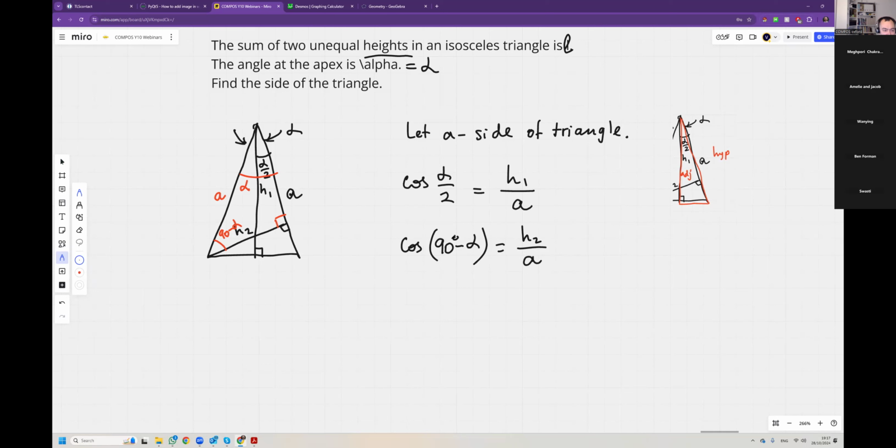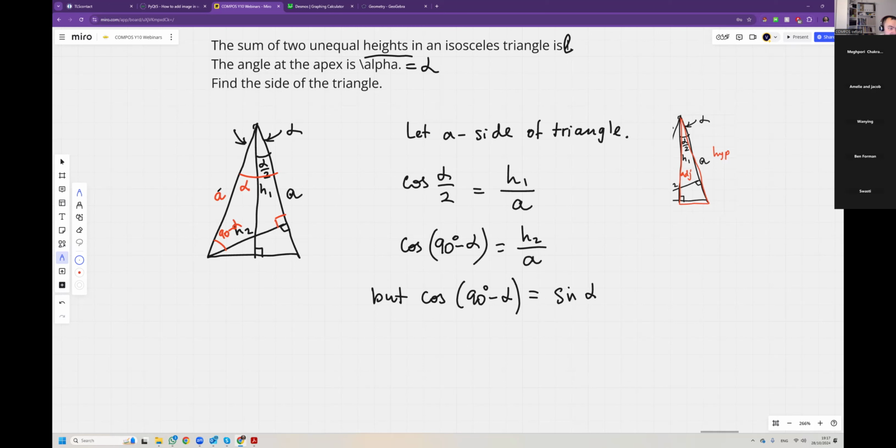But interestingly, you will study this in the assignment, but cos 90 minus alpha is what? Does anyone know? Sine alpha. Yes.